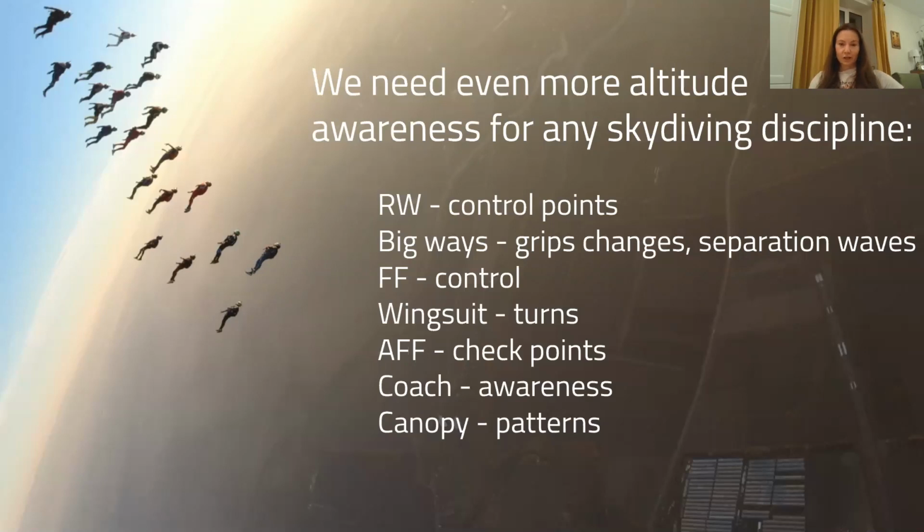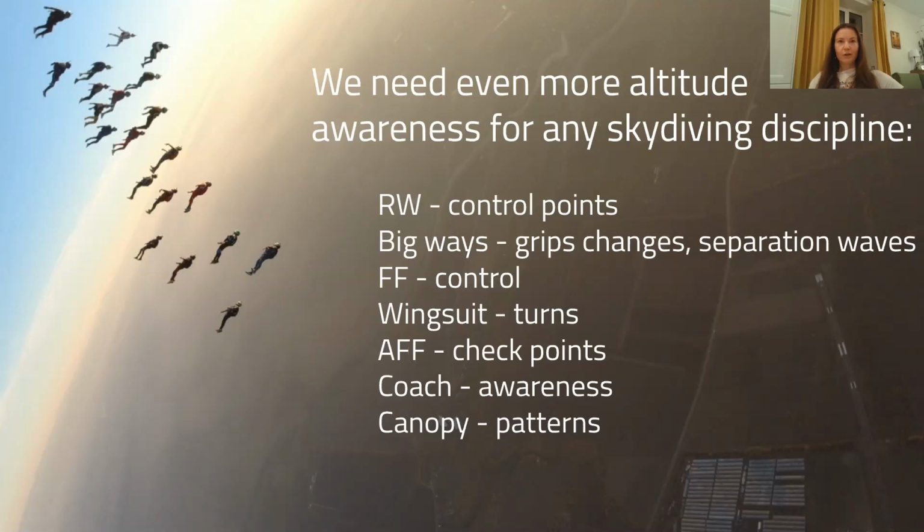Usually we do it after the jump. We watch a video and then we can understand it. But if we know our altitude during free fall, we are more aware and we can control it, let's say, online. Or big waves. We can do grips change or separation waves. And if we know our altitudes, then we can do it even better.